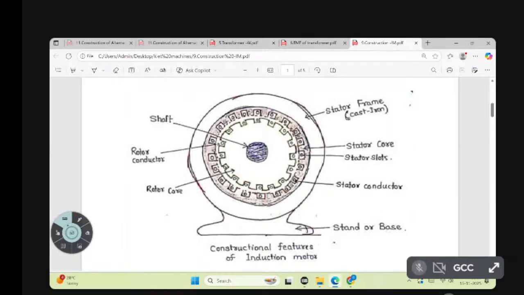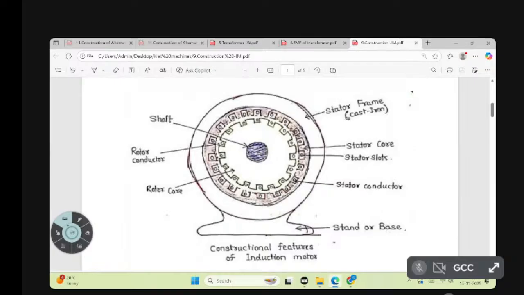Three-phase winding, RYB, RYB. Same in the induction motor also, we are having three-phase winding in the rotor, like an alternator, AC generator, RYB, RYB. So they are 120 degrees apart. Okay, right. And the outermost part is called the frame.